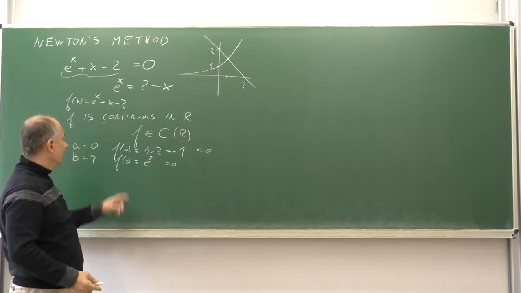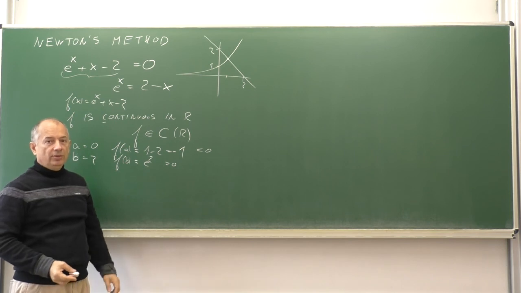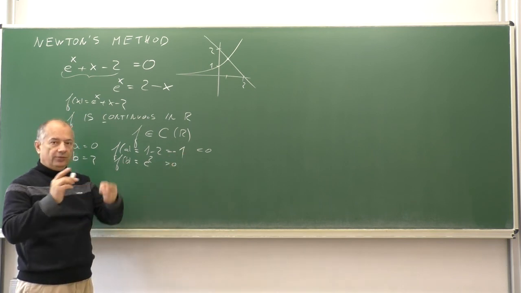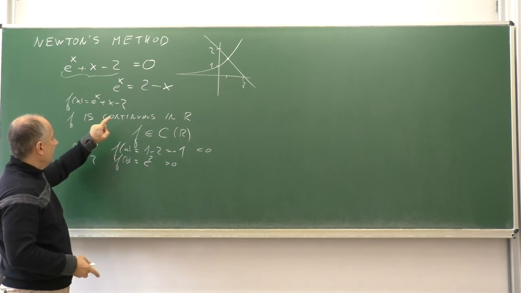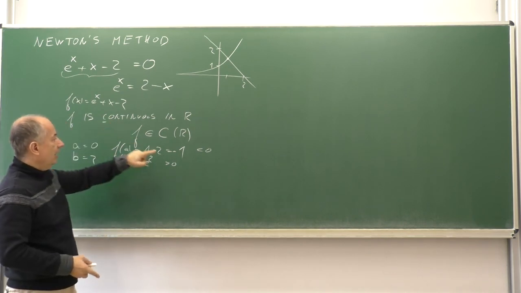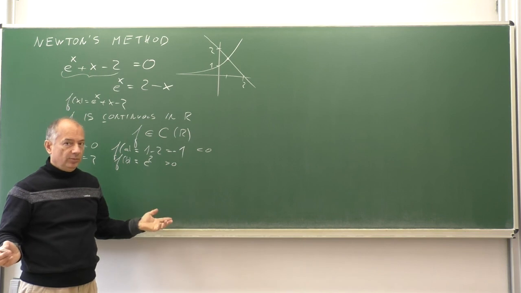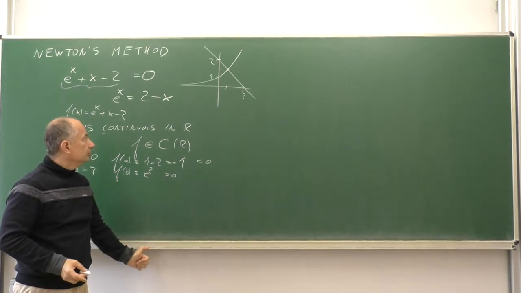So we are happy to have two x values where the function gives opposite signs. So from the fact that the function is continuous and changes the sign, there must be some root.